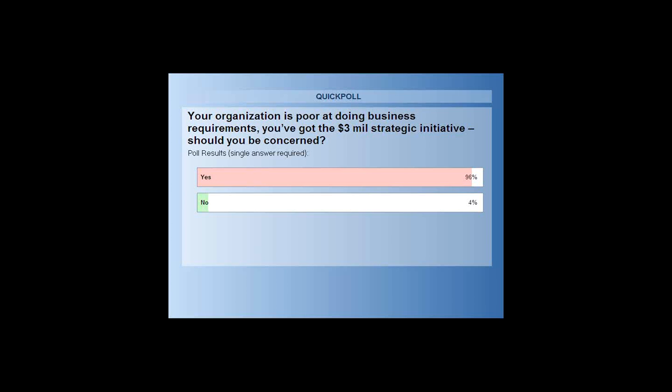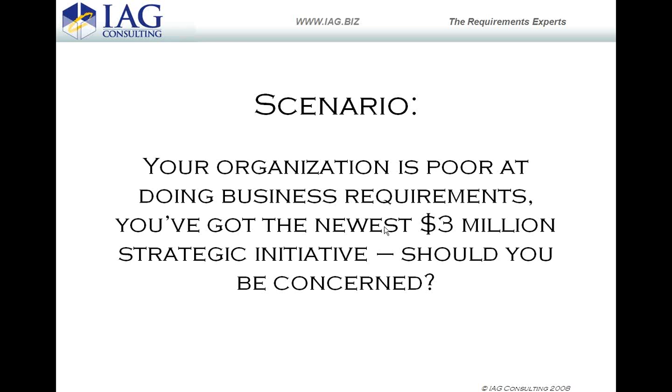If you say to people in an audience generically, listen, we know the organization is not great at doing requirements. We've had real problems in the past. Should we be concerned? The answer will be, well, yeah, but do they take action as a result of that? And the result is almost invariably no, they don't.